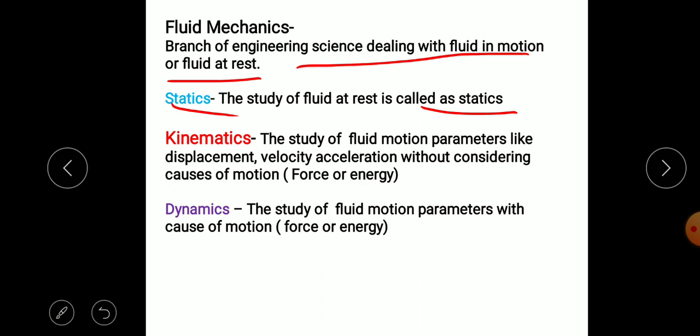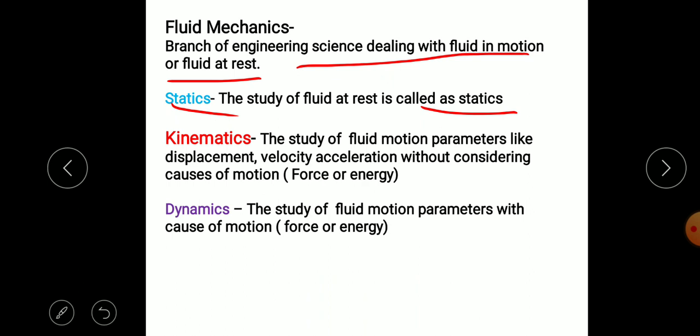There are a number of applications where we have to consider the velocities of the fluid as well as the force causing the motion. There may be a pressure difference between two points, and there is a flow because of this pressure difference. That is considered in dynamics.